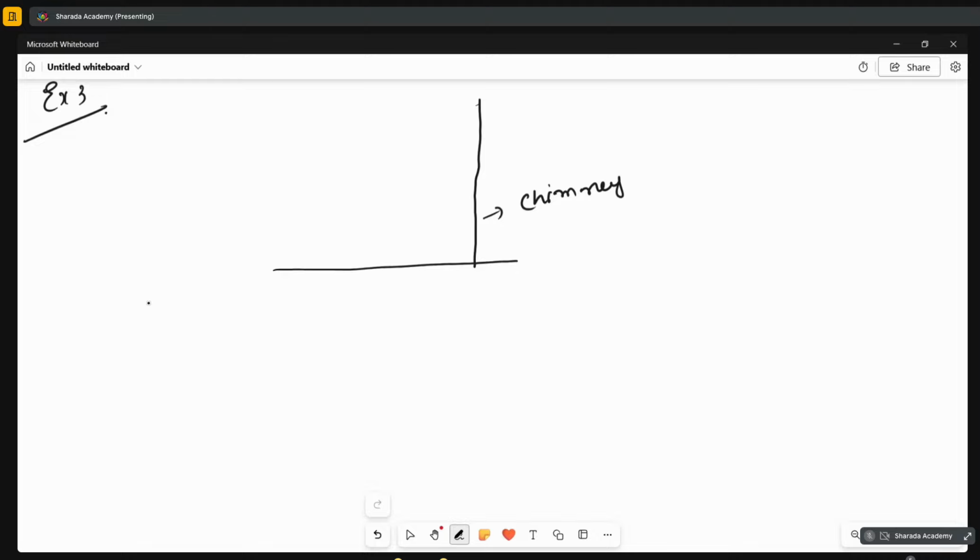An observer 1.5 meters tall is 28.5 meters away from the chimney. Okay. First, just write the diagram, then I will explain this. Plus 1.5.